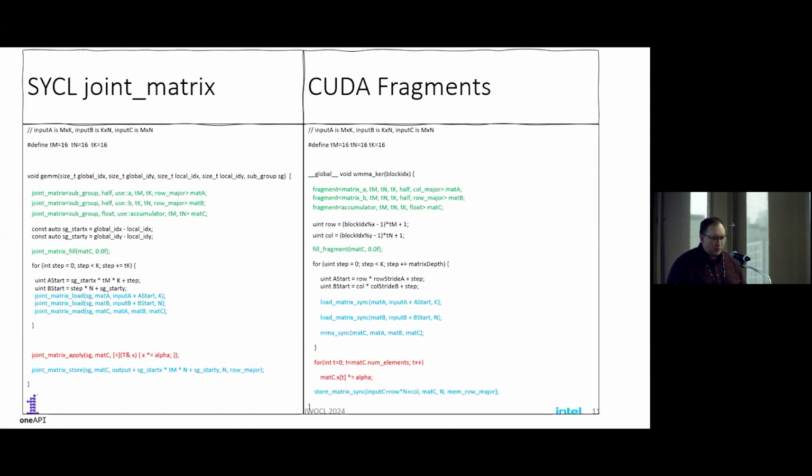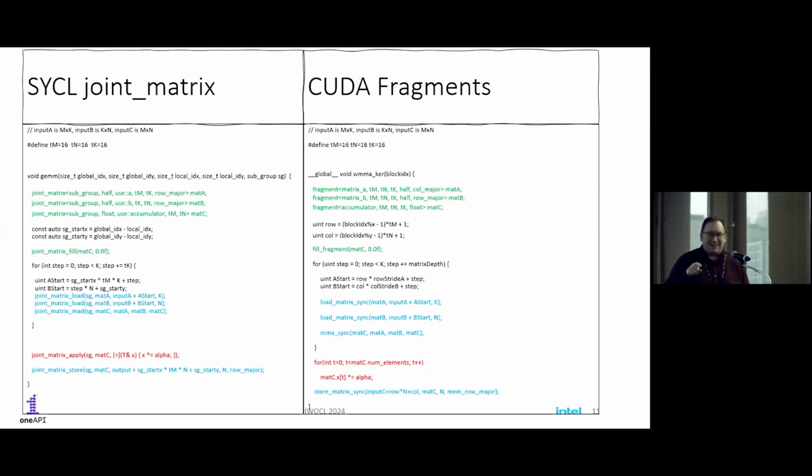So joint matrix has this joint matrix apply, and in CUDA for the element-wise parts, they have this notion of fragments. And fragments are kind of interesting because they give you a handle to the data, and then you can just do things on them. But for every element in a fragment, they don't tell you which element of the matrix it actually is.